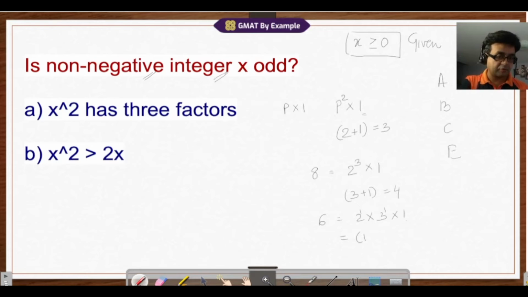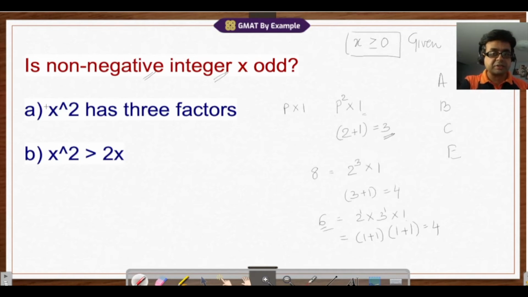So the power of 2 plus 1 multiplied by the power of 3 plus 1 equals 4. So there are 4 factors of 6 possible, which are 1, 2, 3 and 6 itself. This is how you calculate the factors of any given number. And what you would find is when the given number is a prime number, then for the square of the prime number, the factors are always 3.